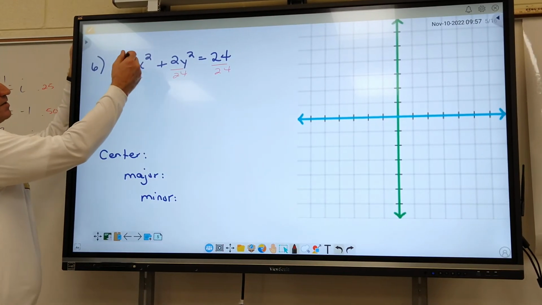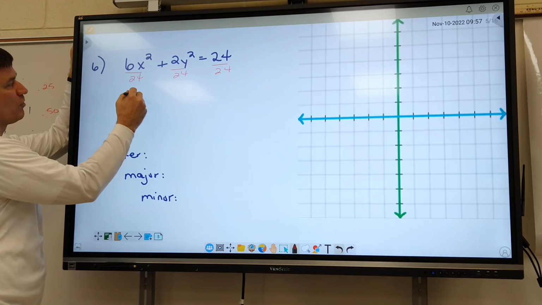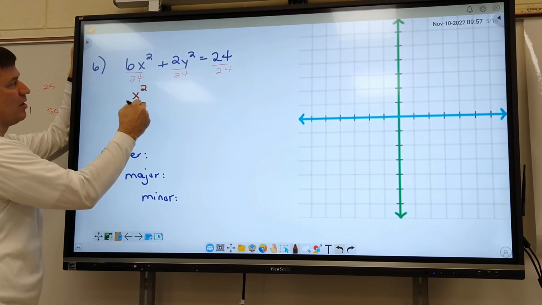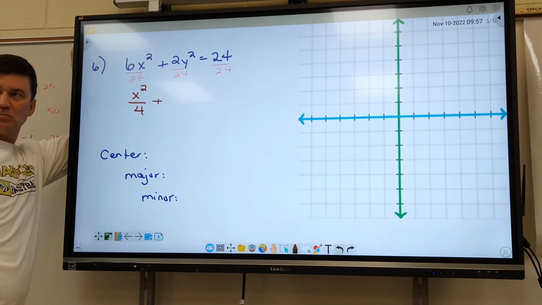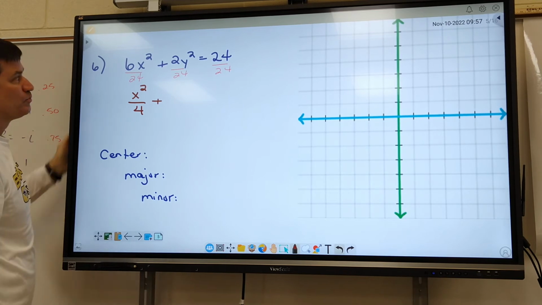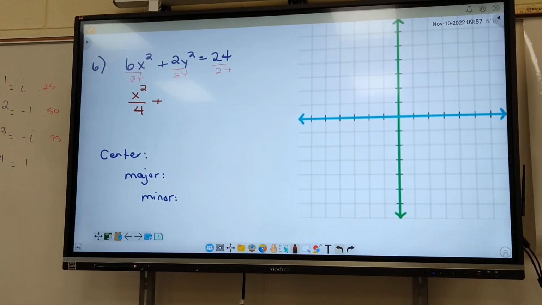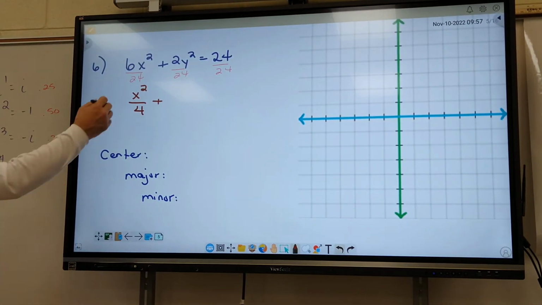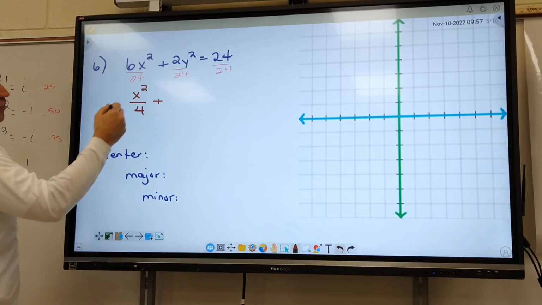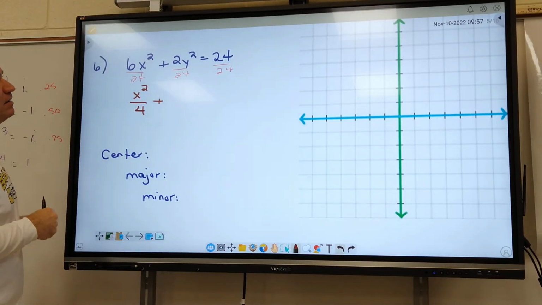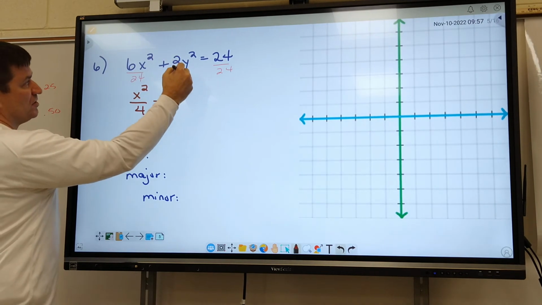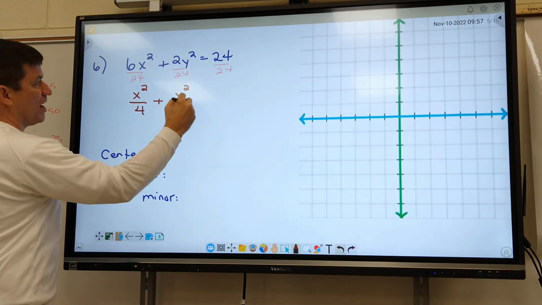All right, so Ariana, 6 divides into 24 4 times, so that'll be x squared over 4 for that. And you see how I got 4? I just divided, 6 goes into 24 4 times. Simplified it. All right, this one, 2 goes into 24 12 times. That's going to be y squared over 12.